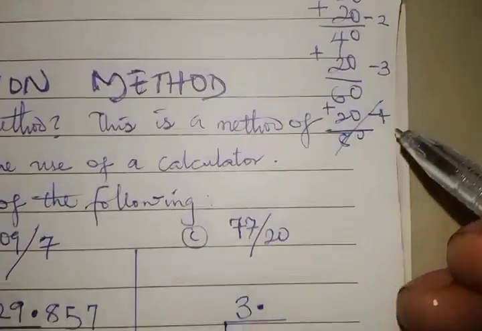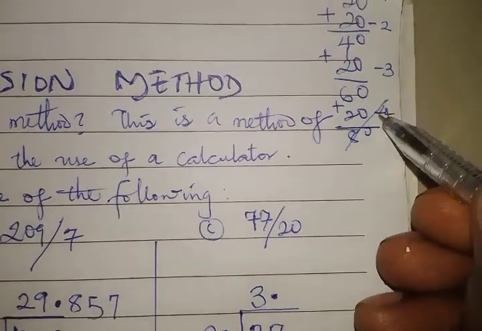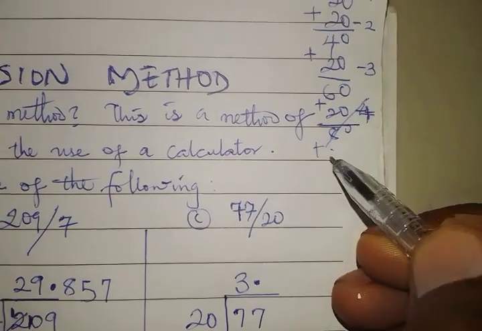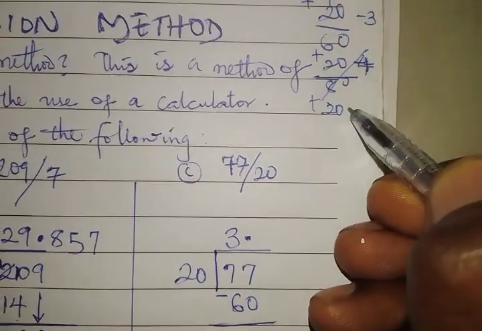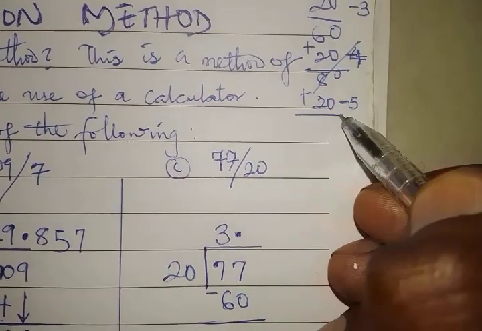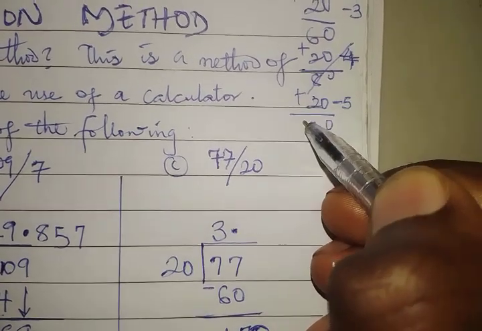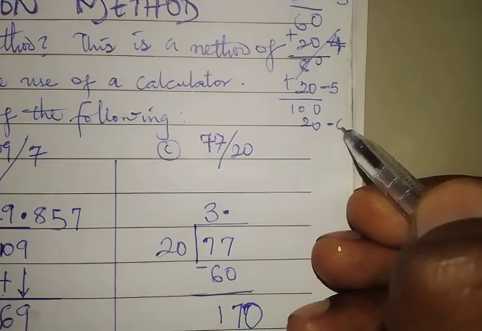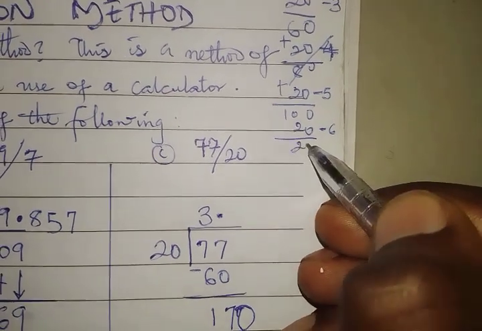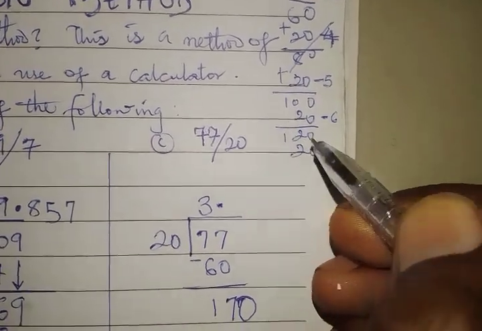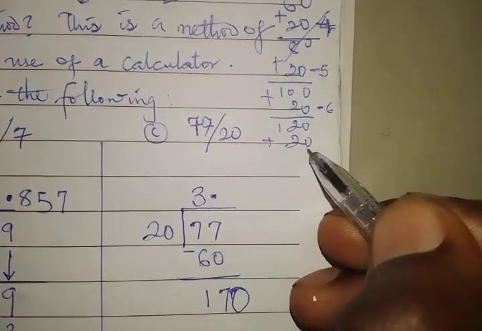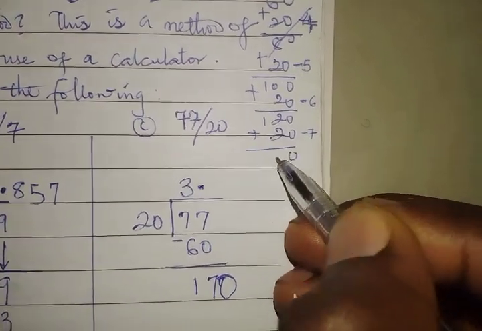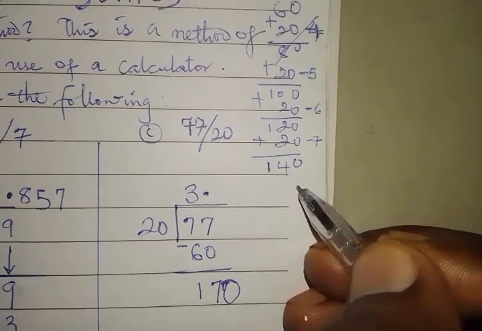We can then continue back up here. So 4 times is 80. We can proceed to add another 20, and this will be the 5th time, and that will give us 100. We can add another 20, the 6th time, which gives 120. Another 20, the 7th time, gives 140.